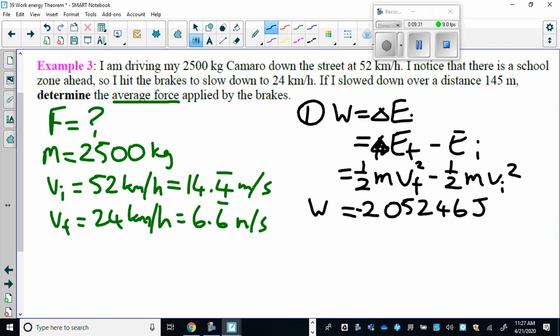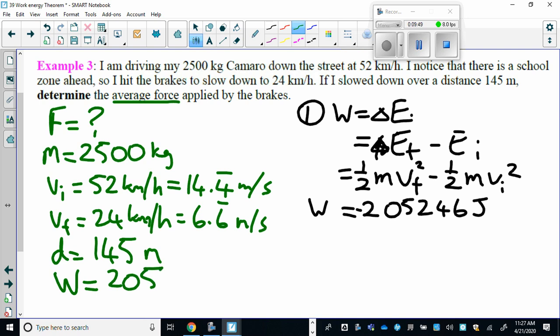And now if I've got the work and, oh sorry, I forgot to write down the displacement in the initial question. And now I also have the work, and that's the work that my brakes did or the road did on my tires. Now I can use those values to figure out what the force is.